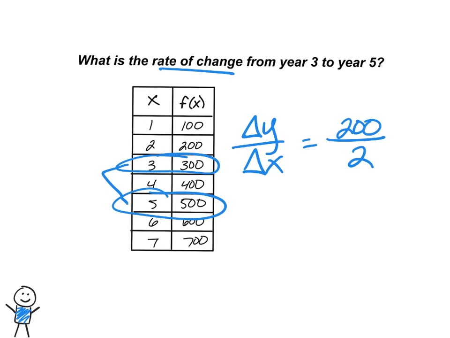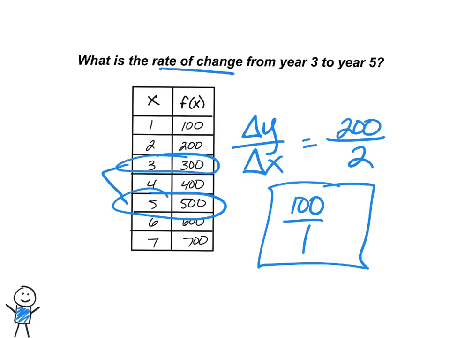So my change in y was 200 from year 3 to year 5, and the change in x was 2. That 200 over 2 simplifies to 100 over 1, which would be my rate of change. From year 3 to year 5, we increased by 100 every 1 year, or 200 for 2 years.